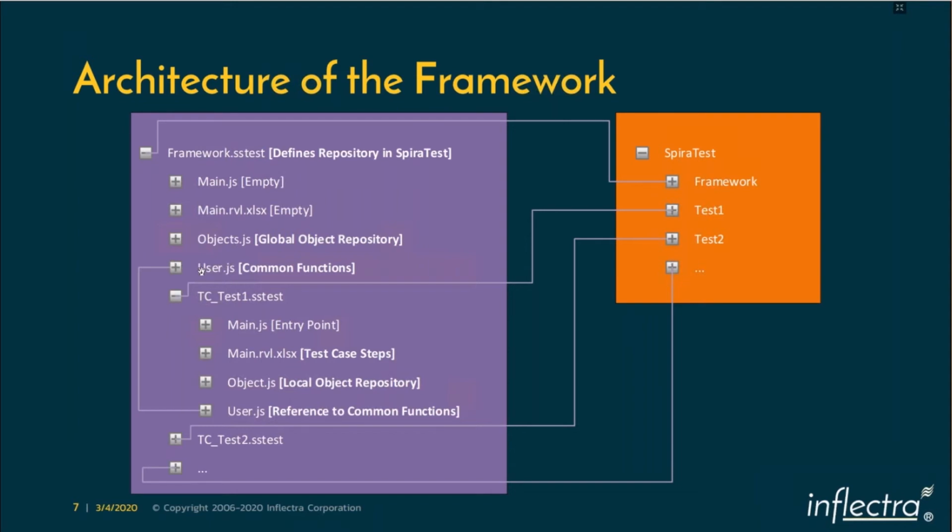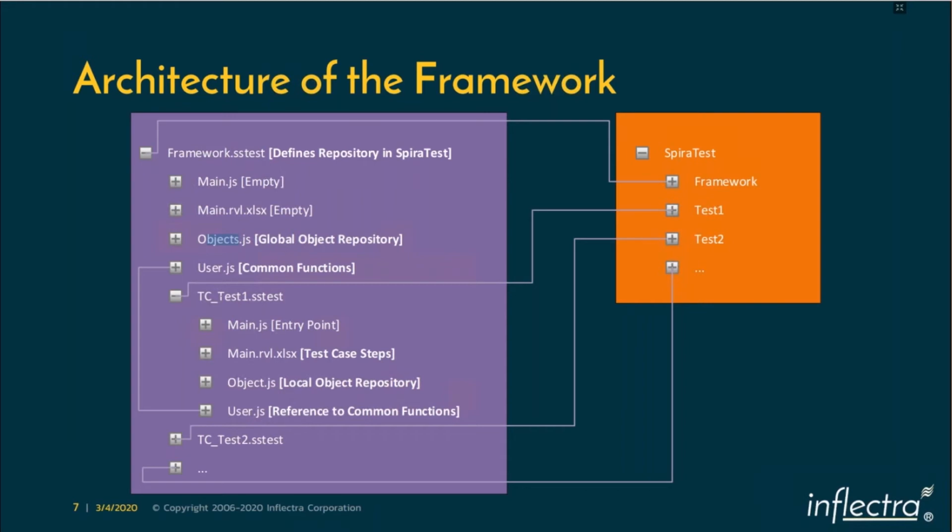There is a user.js file with common functions, and it is shared between all the tests in the test framework. There is a global object repository that contains some objects that are used by common functions.